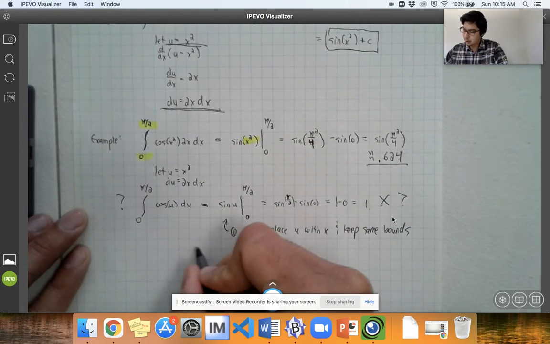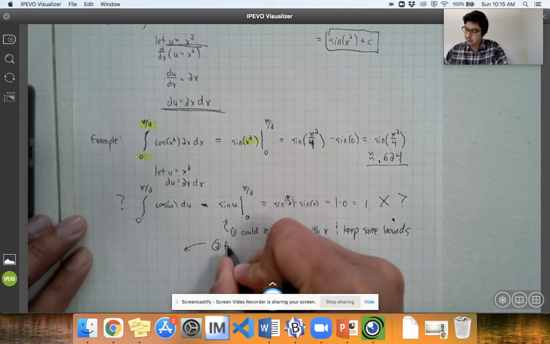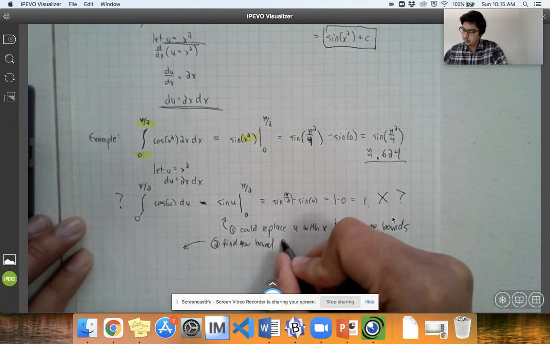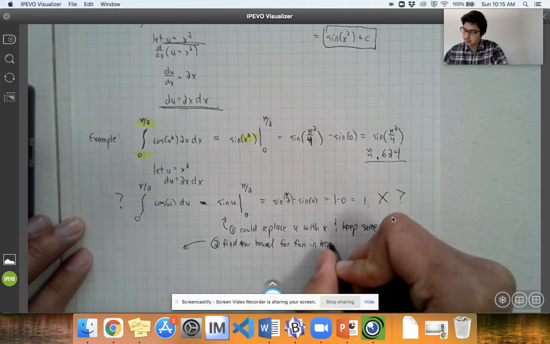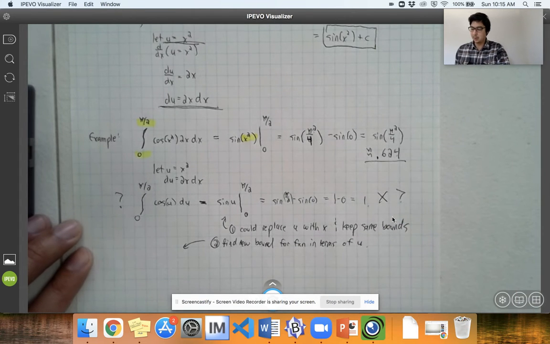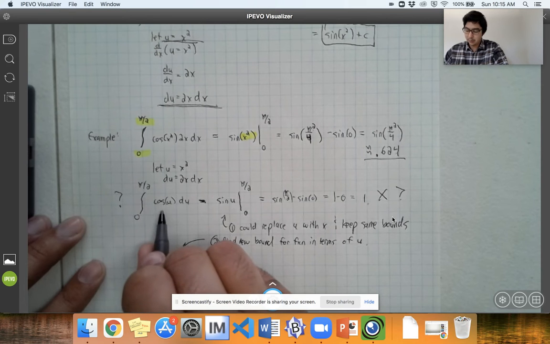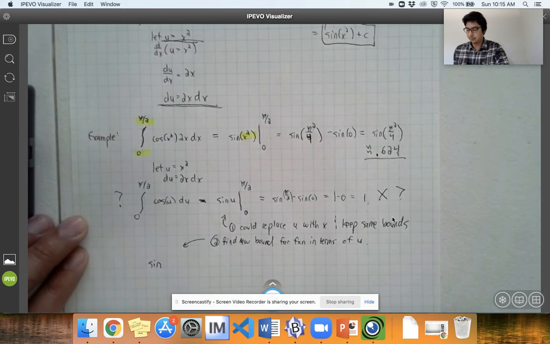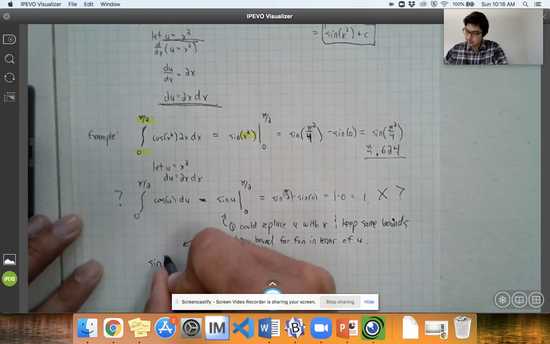The second approach, which I'll show you right here, is that you find your new bounds for your function in terms of u. So what do I mean by that? The integral of cosine of u du is sine of u.